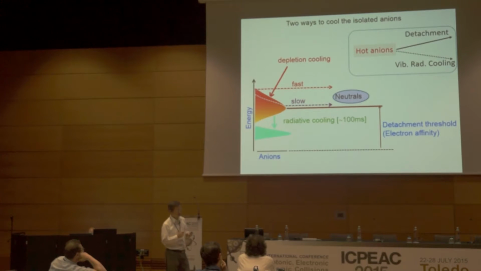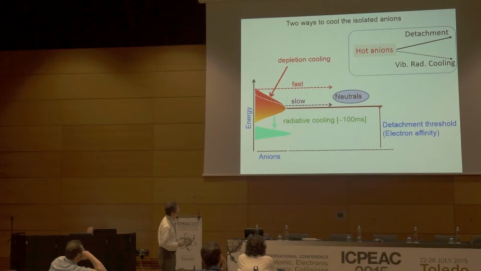And relative cooling just shifts the population downward. Relative cooling does not yield neutrals. So we detect the neutrals, so we cannot observe the relative cooling process directly, but we see the neutrals, the depression cooling process.